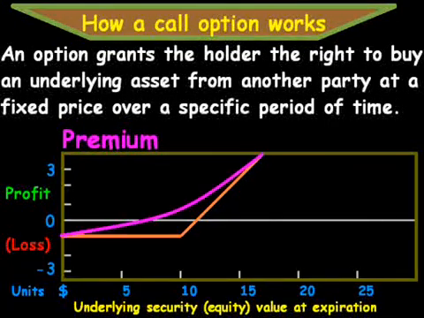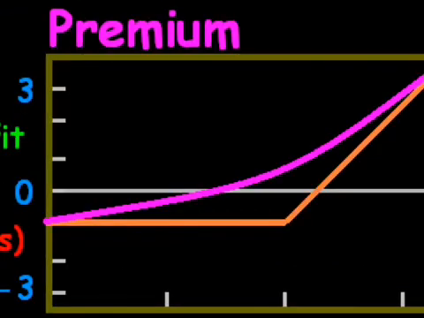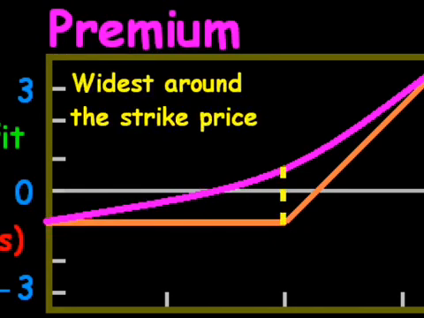Now we're going to take a closer look at how premiums work, or how they're priced. I'm going to zoom in on this so we can get a better view. The pink line I have here is typically what you might expect a premium to be at a given price of the option, and obviously it has many different factors that we've covered earlier that affect it. What I want to do is take a look at a couple more factors involved in the premium, and typically it's going to be the widest around the strike price.